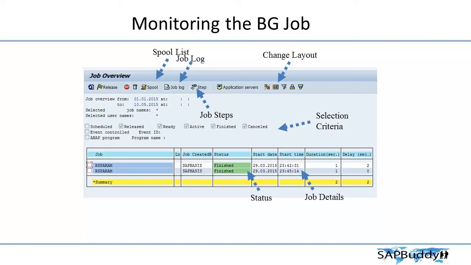Right now it's not here. If you go to change layout, you can add this to your layout, so that you can see how much time it took to complete, or when it started and ended. It will have the date as well as the time. This is how we monitor the jobs using the transaction code SM37.